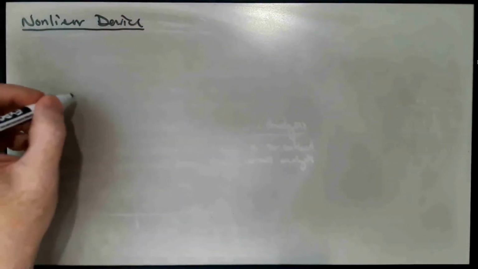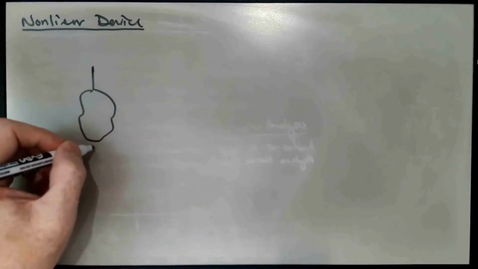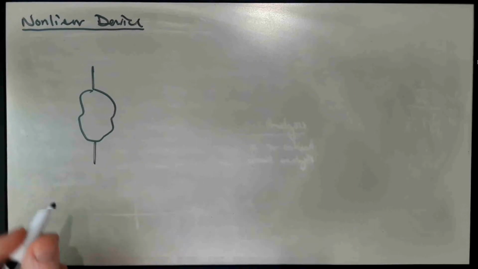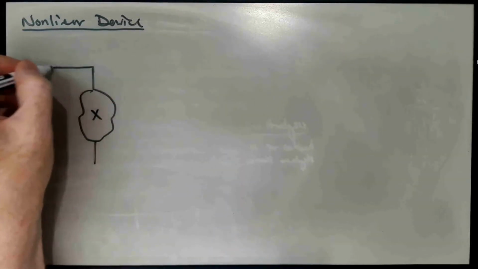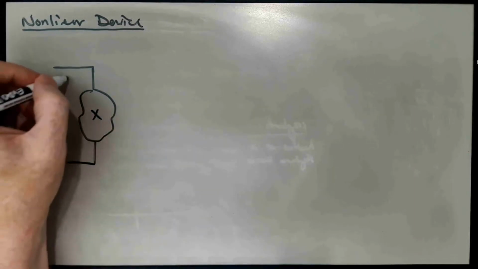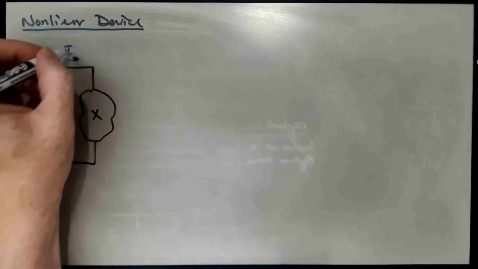So let's suppose we have a nonlinear device. So let's assume we have some sort of device inside this blob, which we'll call X. And there's some voltage across here and some current flowing into the positive terminal.